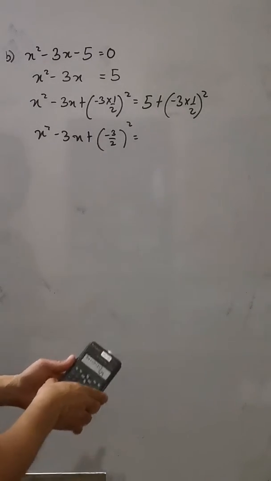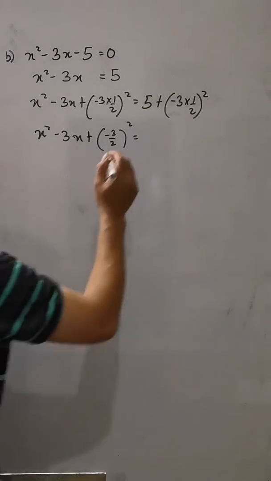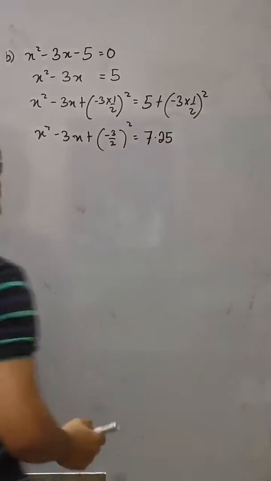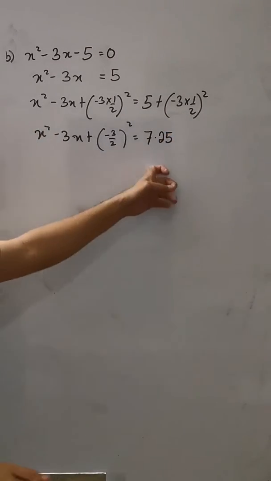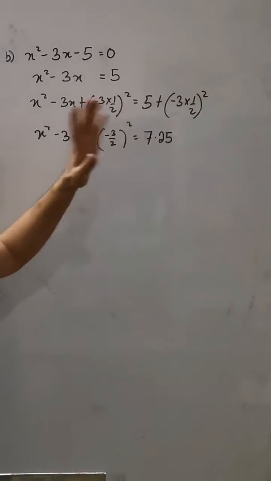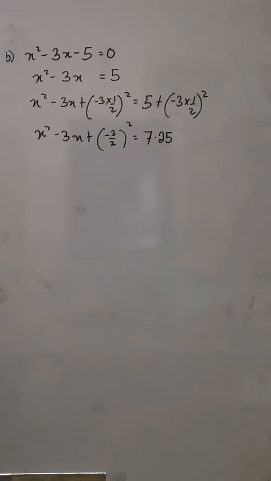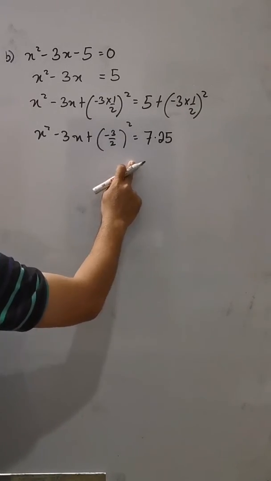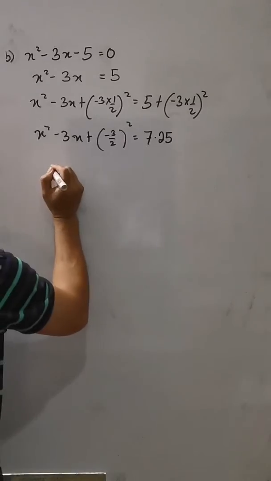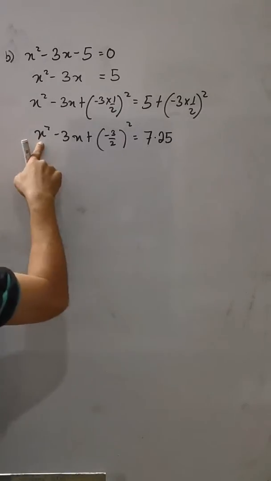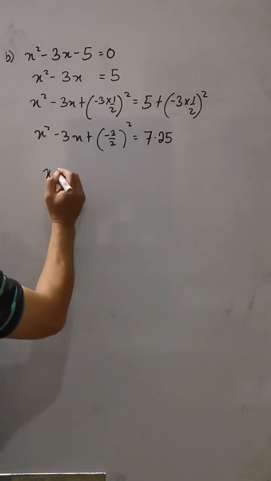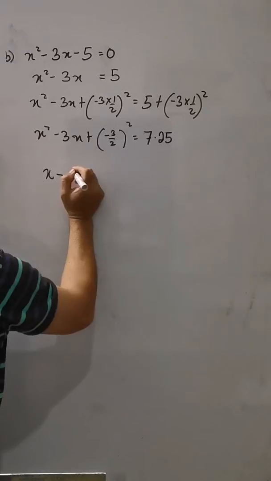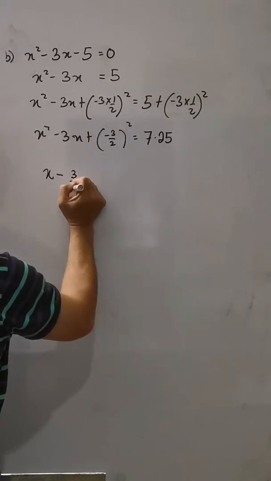So I get 7.25. So for the answer here, regardless, you can write down decimal or fraction, whichever you like. Then factorize this. How did I do the question before this one? Take this one, take the symbol here, and then write down the value here. But it will be 3 over 2.